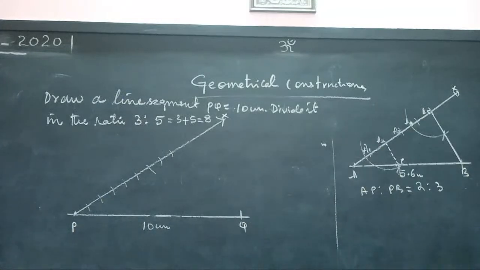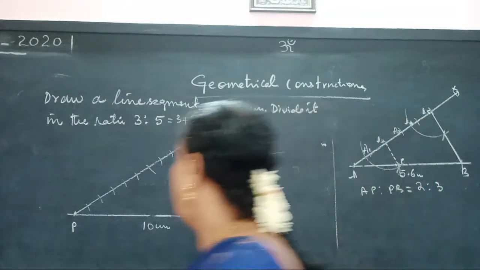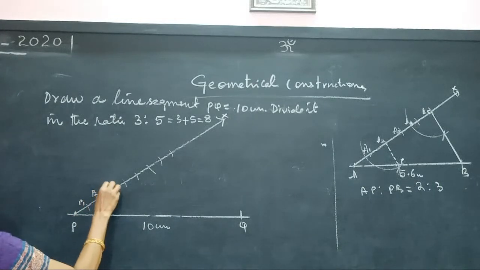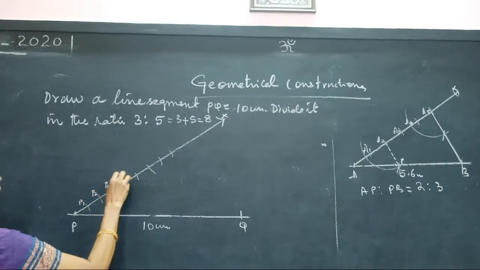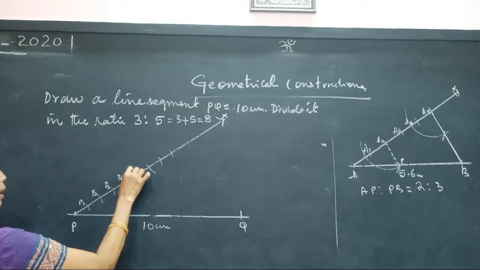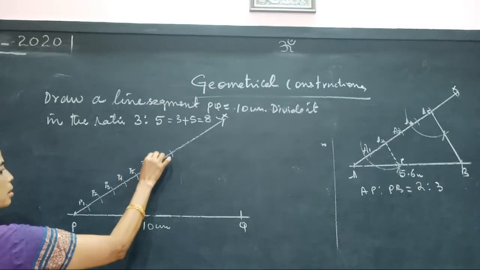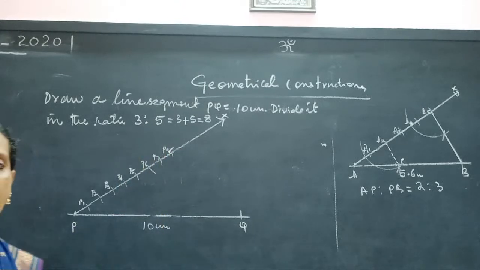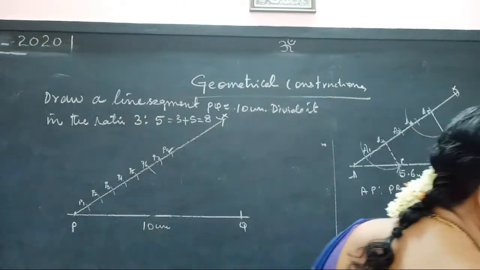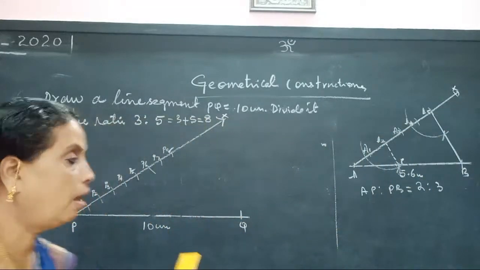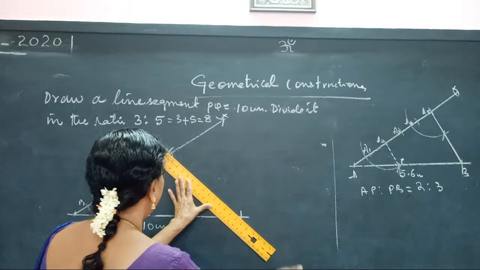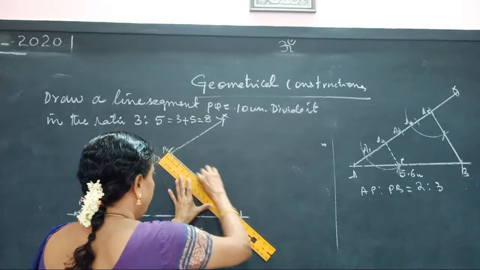Now name it as P1, P2, P3, P4, P5, 6, 7, 8. After naming the parts, now join the last part to the base of the segment, P8Q.